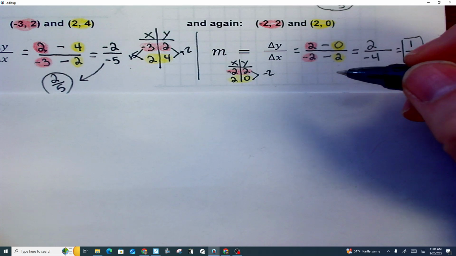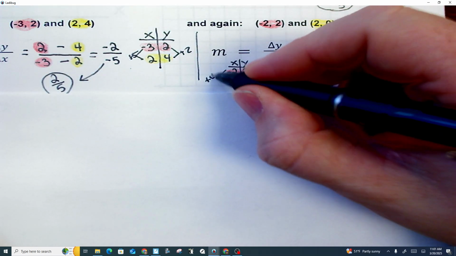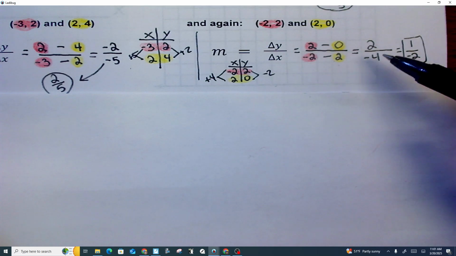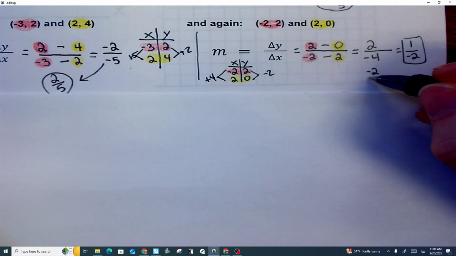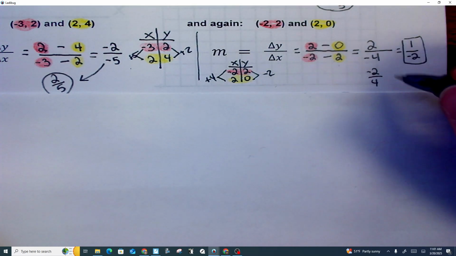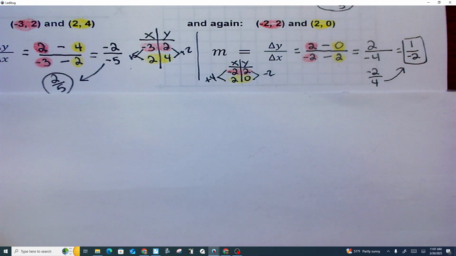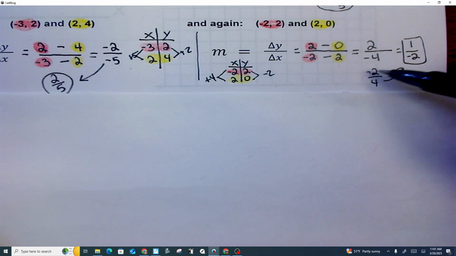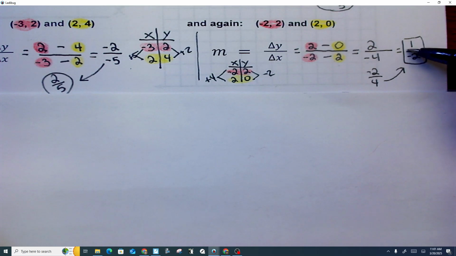Look, -2, okay, +4. Well, you would be getting this setup right here to be a -2 over 4. This -2 on top and the +4 on bottom. It still simplifies down to a -1/2. Yes, that negative's up top, but remember, we can always slide that negative up on top. And so if it's just one negative, it's a negative slope.